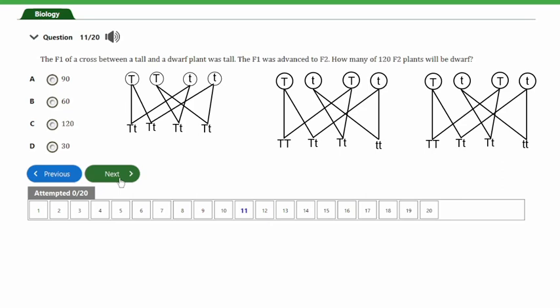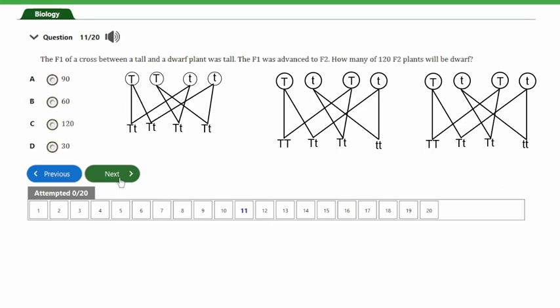So now we said, how many out of 120 F2 plants will be dwarf? So all we have to do is calculate the number of offspring here, and then how many out of these offspring are actually dwarf, and then we'll multiply it by this 120.